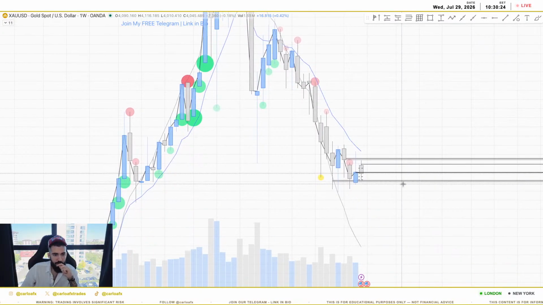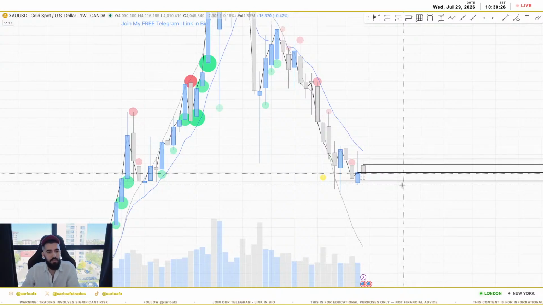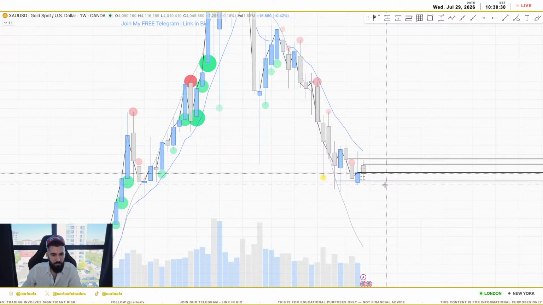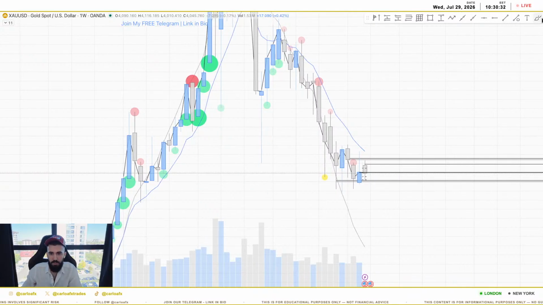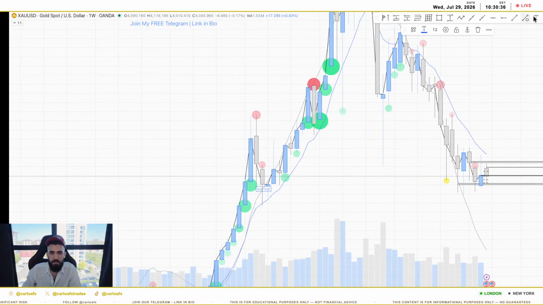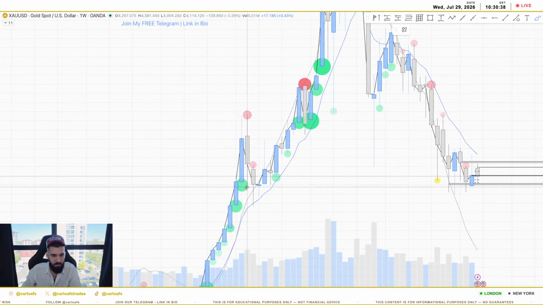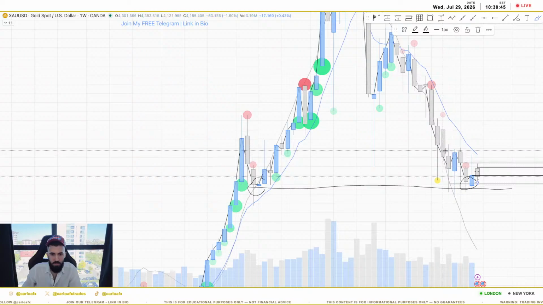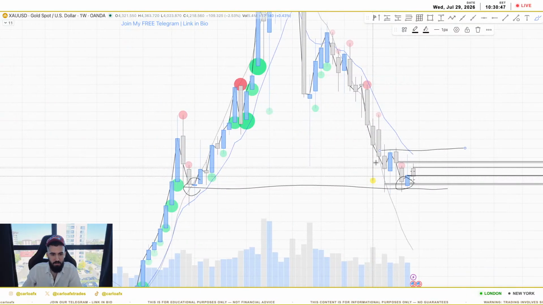As we see, we are ranging right now on the weekly time frame. We formed the support down here. Look at this support right here. And we have this resistance.